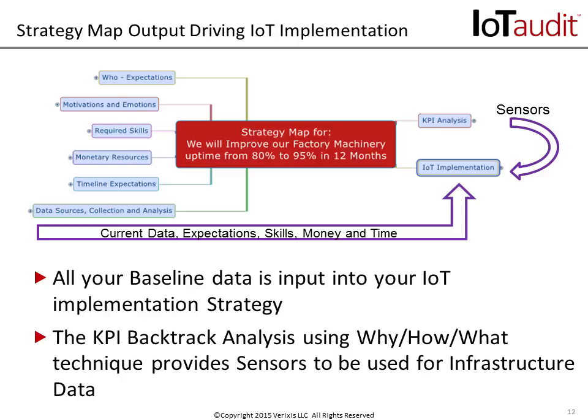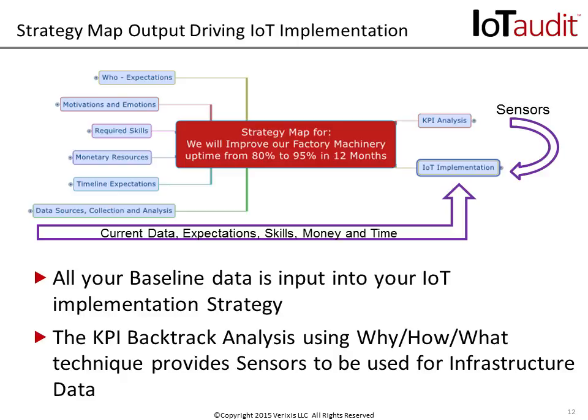And then on top, we did our KPI analysis breakdown using the why, how, what analysis to give us the sensors we need to unlock hidden infrastructure data that is then going to flow into our model as well.